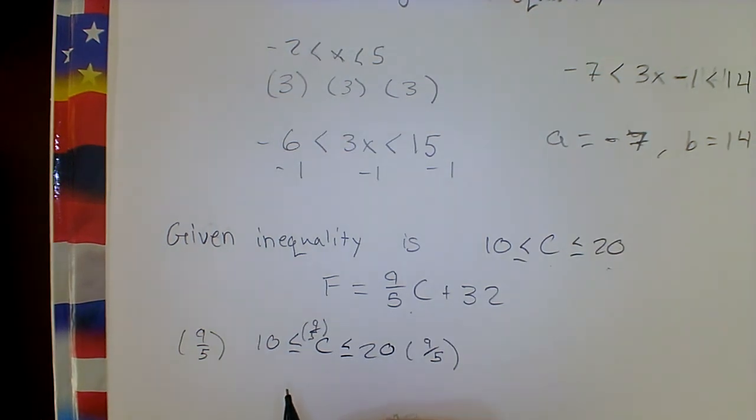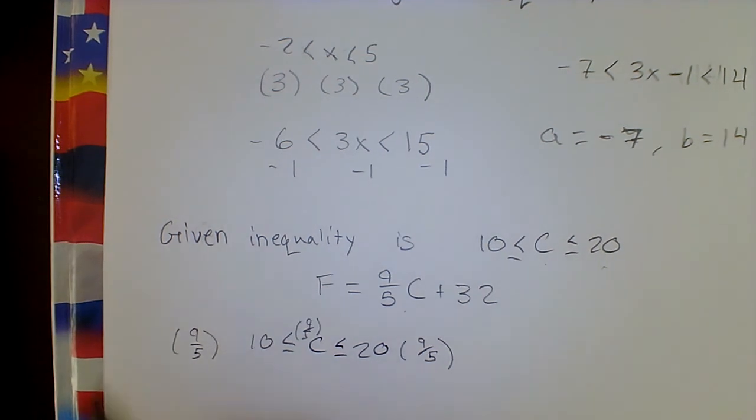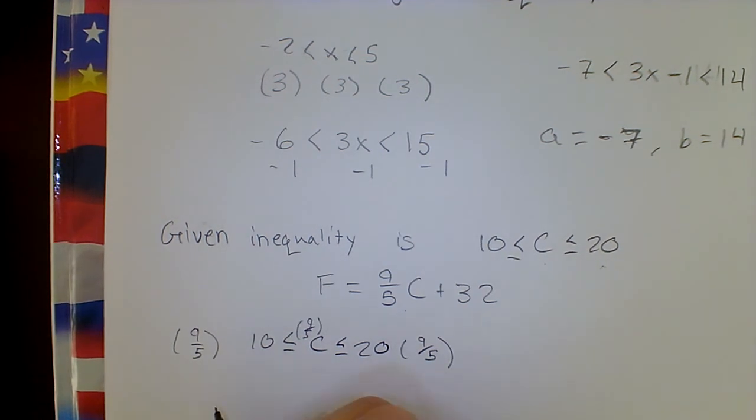Okay, so 9/5 times 10 is 90 divided by 5, which is 18.